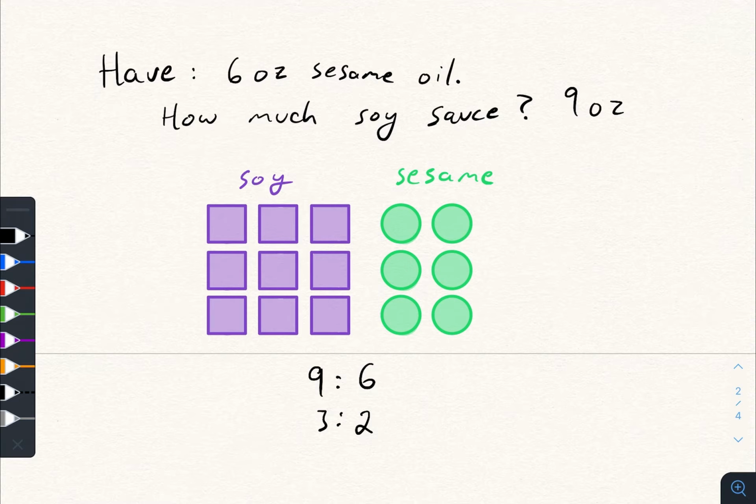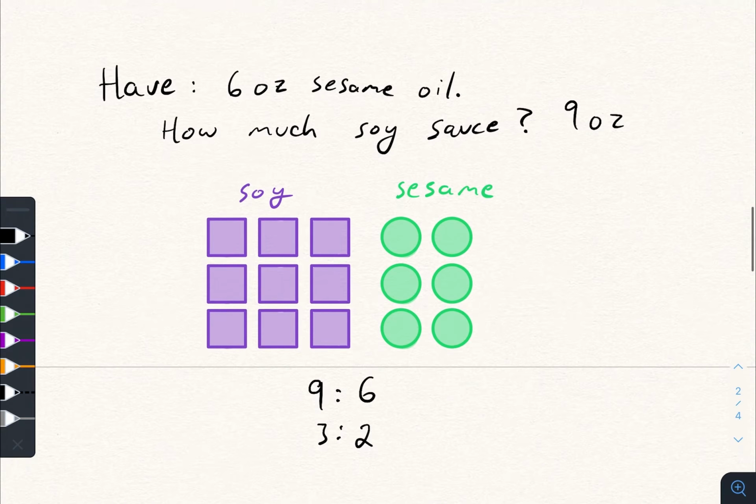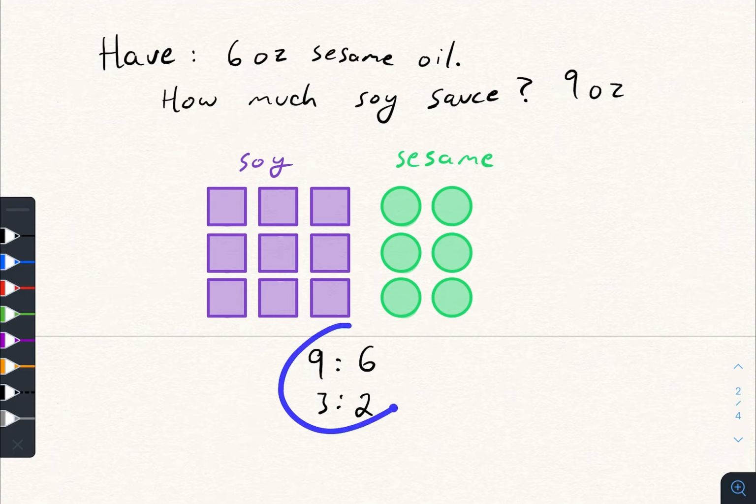Both of these ratios represented the same sort of thing. So if we said that our recipe was 9 parts soy sauce to 6 parts sesame oil, that wouldn't have really changed the recipe at all. And so because of that, we would say that these two ratios are in proportion.